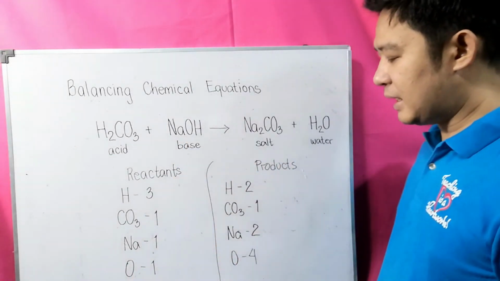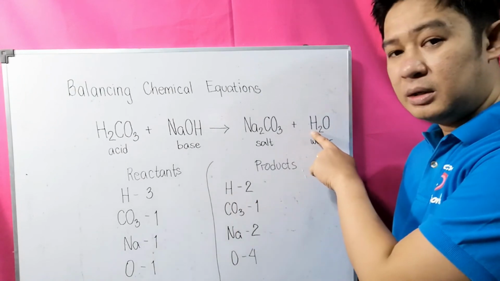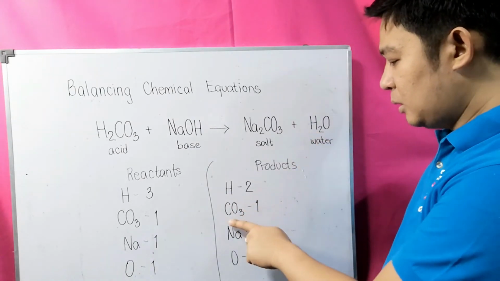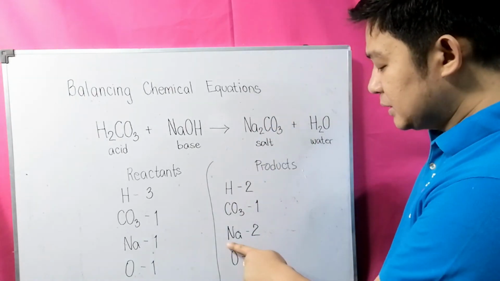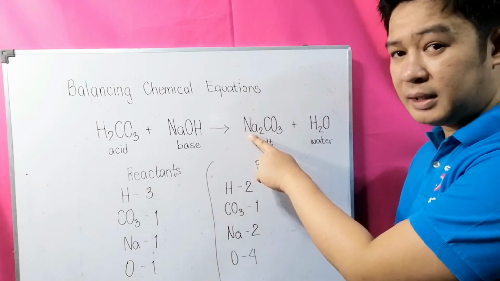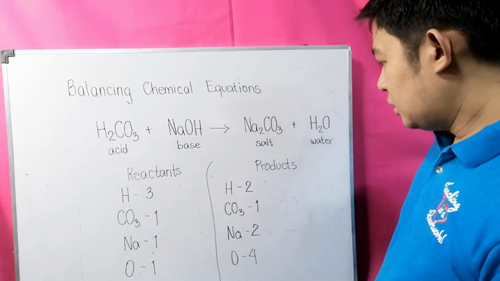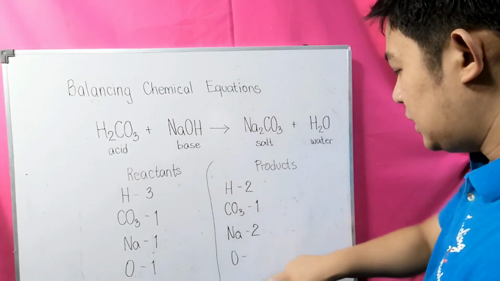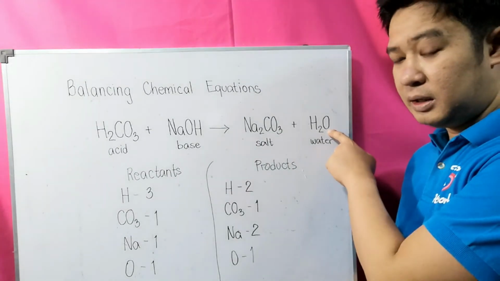On the product side, we have 2 hydrogen in H2O, 1 carbonate from our salt, 2 sodium, the subscript of sodium in our salt, Na2CO3. And lastly, we have only 1 oxygen, right here in water.